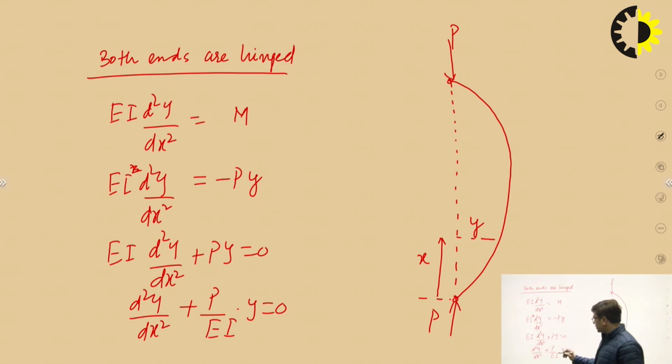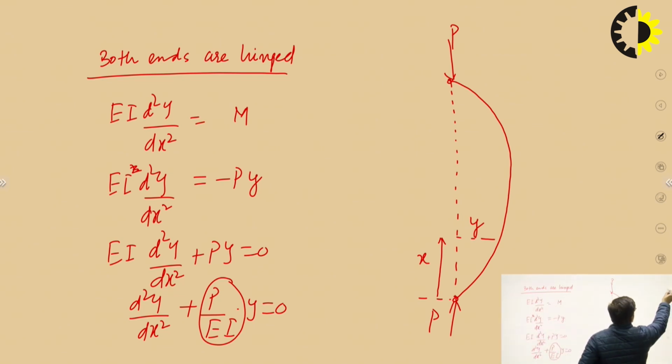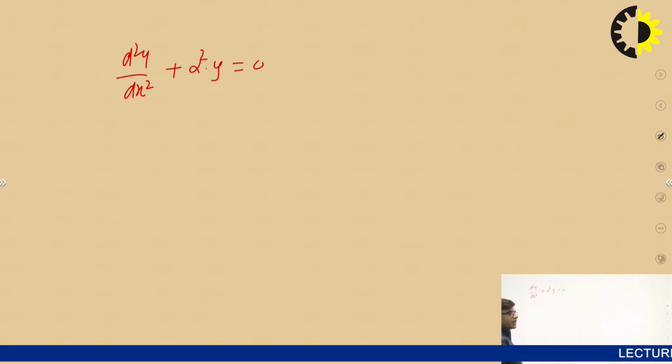Now let us consider this P upon EI as alpha square. The equation will become d2y by dx square plus alpha square y equal to 0. This is the differential equation.